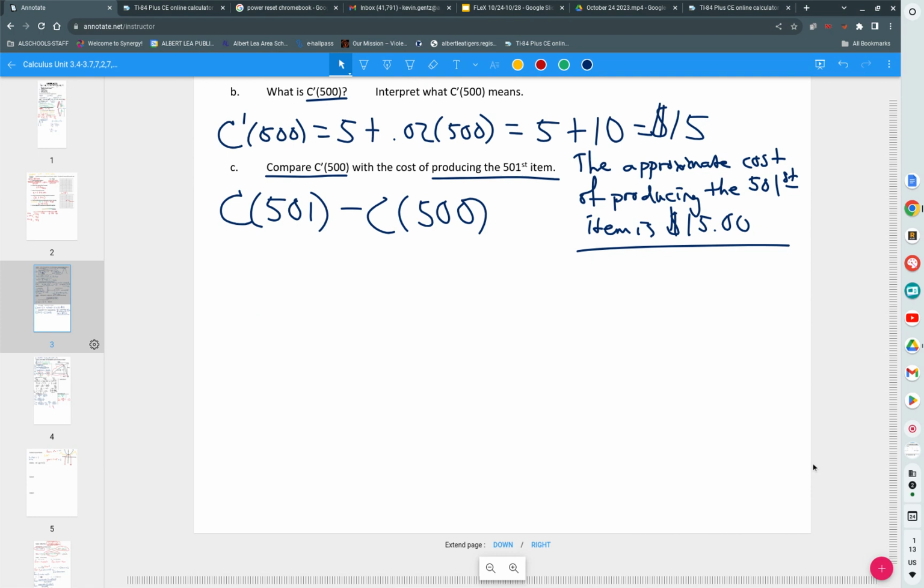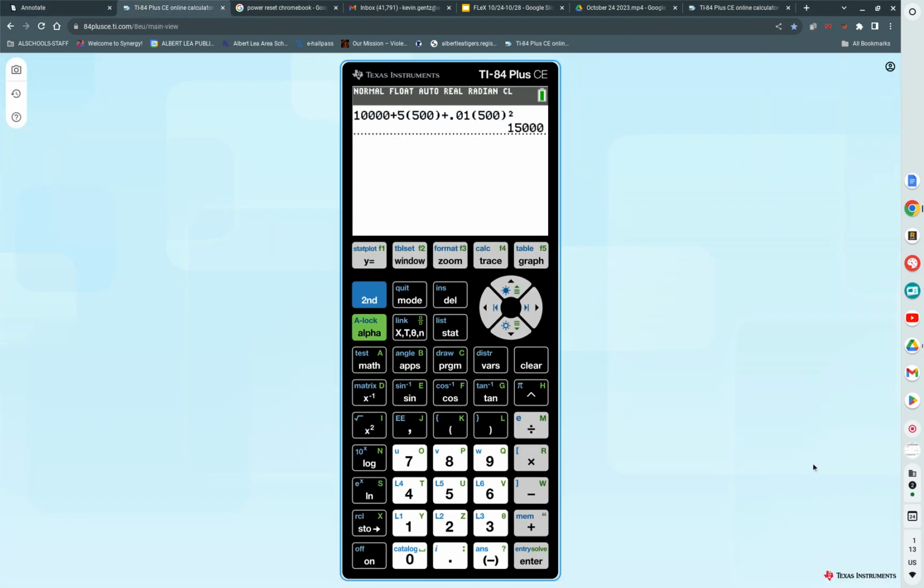So let's do it for this same piece and see how it compares to the $15. We already figured out the cost of the 500 items: $15,000. But we haven't figured out the cost of 501 items yet. So I'm going to go back to my calculator, and to save you some time, you can press second entry, and it brings up that same piece, and you can just change the 500 to 501.